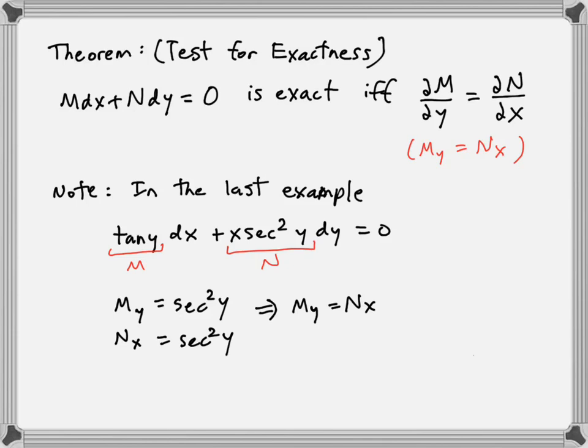This is a process you learned in that class, so I'll just be reminding you of that process, and we will go over it in detail. So let's go over the steps for solving an exact differential equation.